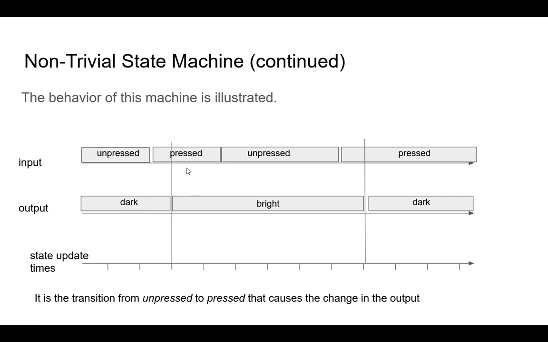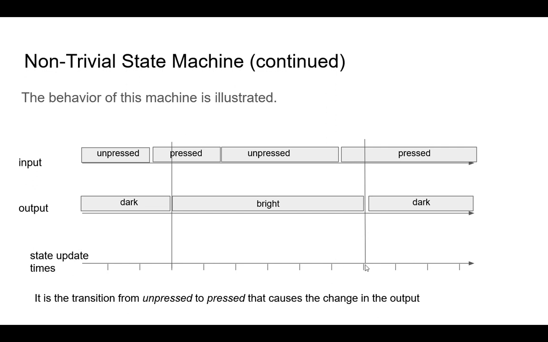When we press down the switch, we want to go from dark to bright. Now notice, when we let the switch up at the time that we do the state transition, nothing happens. It's not supposed to change when we go from pressed to unpressed. Then we press again, and at the next transition, when the state machine looked at the switch, it was unpressed.